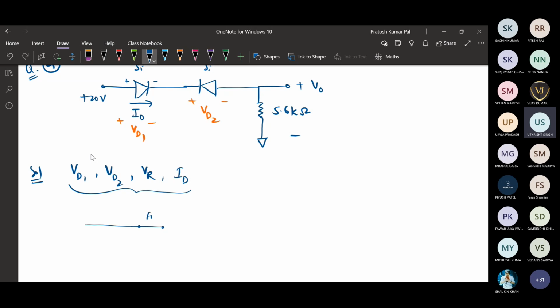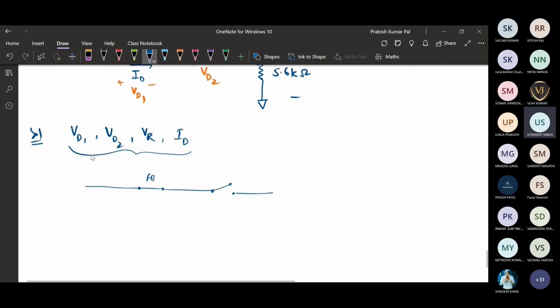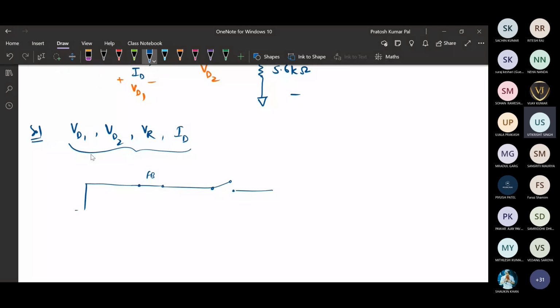So the first one is forward bias, and the second one is in reverse bias. That means the current flowing through this will be 0.